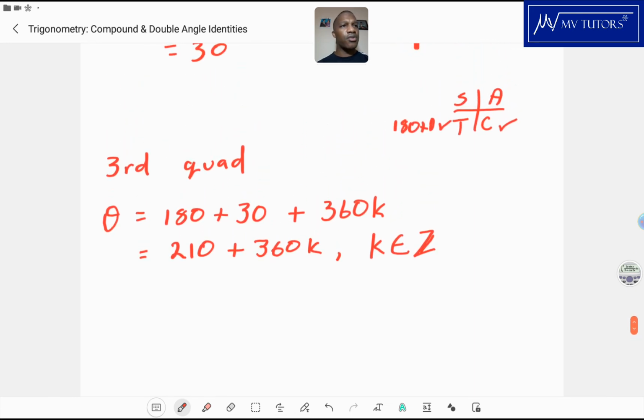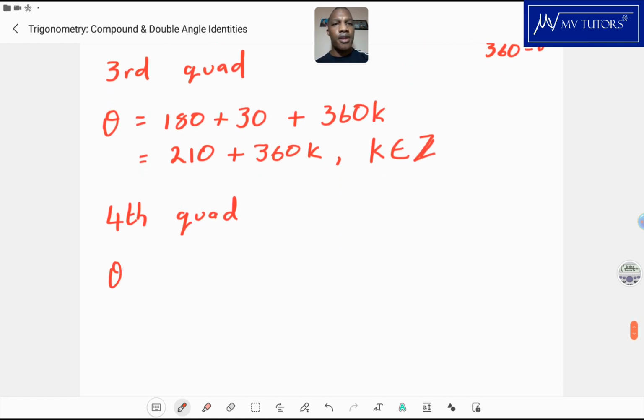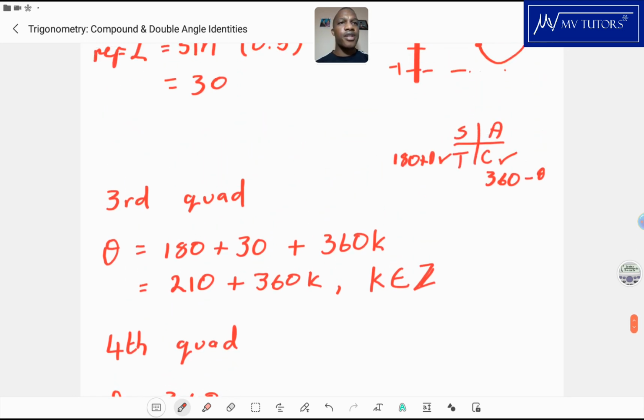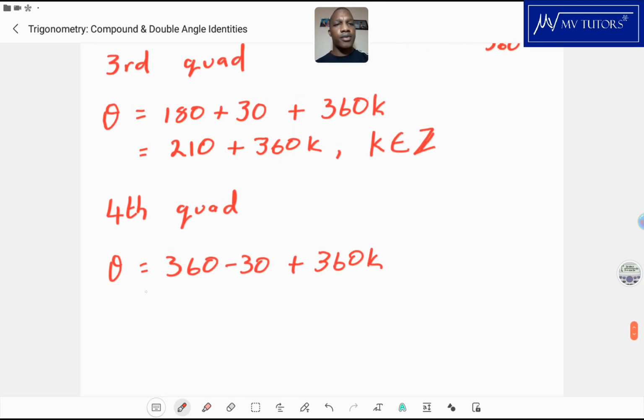Now, just to complete it, we're also in the fourth quadrant. On the fourth quadrant, we have 360 minus the reference angle. So theta will be equal to 360 minus 30, plus 360K.